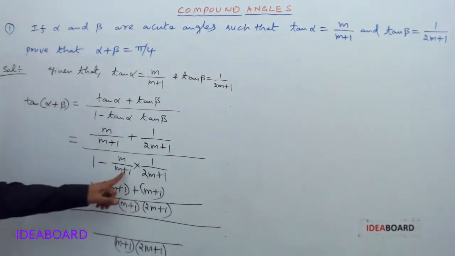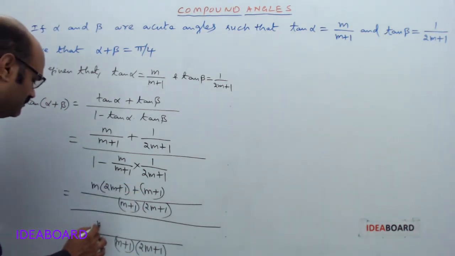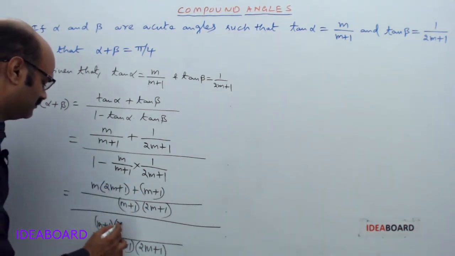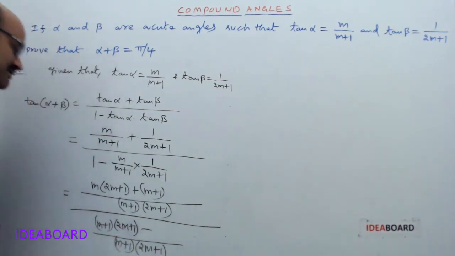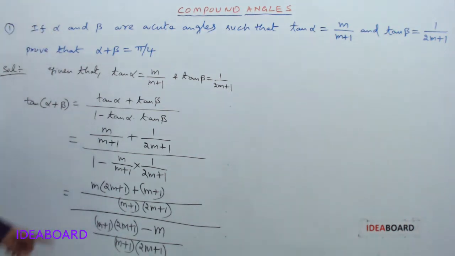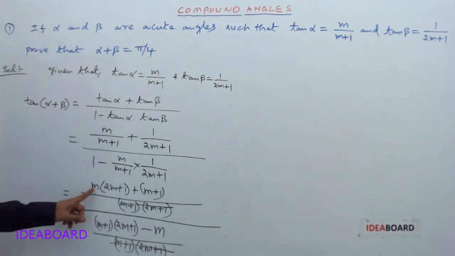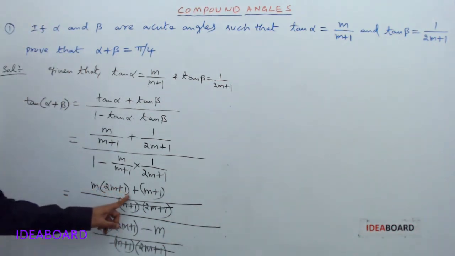Then here we have 1 into m plus 1 into 2m plus 1 minus m into 1. Now here these two are cancelled. Now multiply m with 2m plus 1.